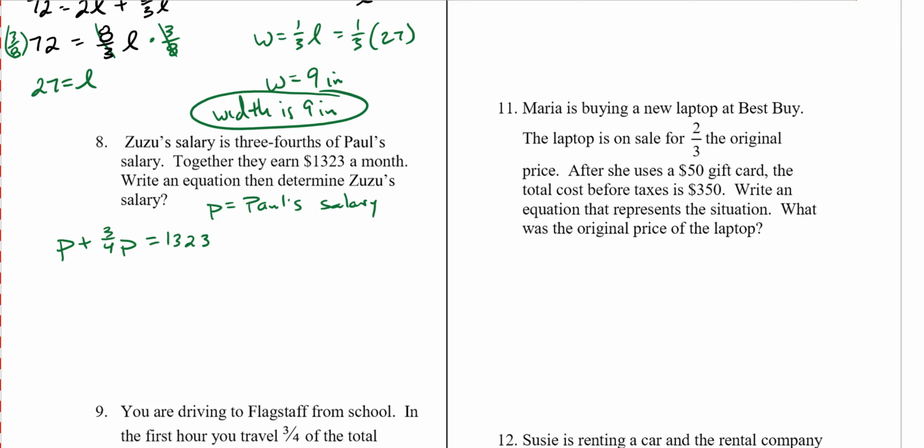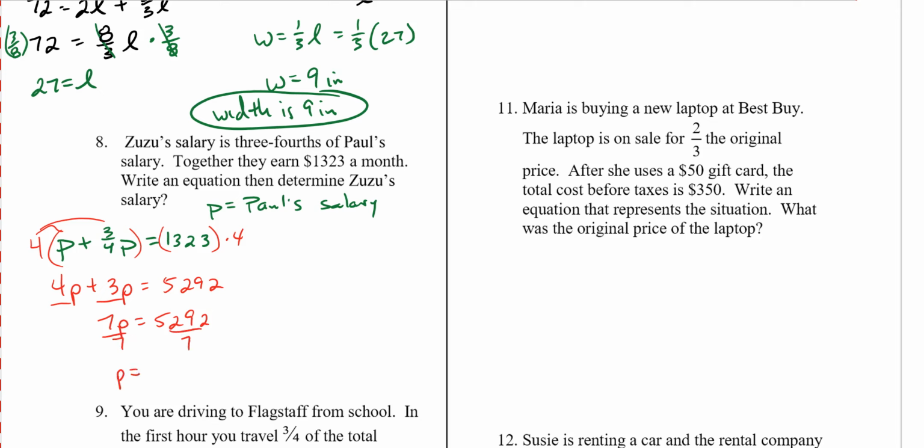Just to show you a different way to do it, because we have a fraction, we talked about in class that we could clear the fraction by multiplying everything by that denominator, and we can distribute. So we have 4p plus 3p equals 1,323 times 4, which is 5,292. Combine our like terms. 7p is equal to 5,292. Divide by 7.